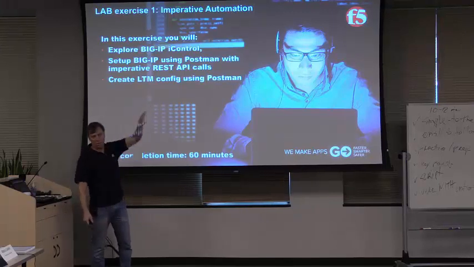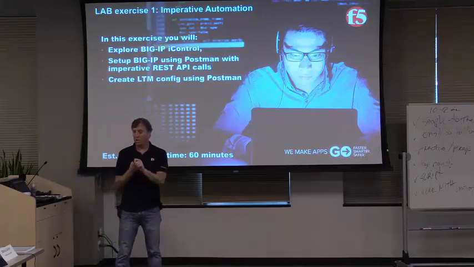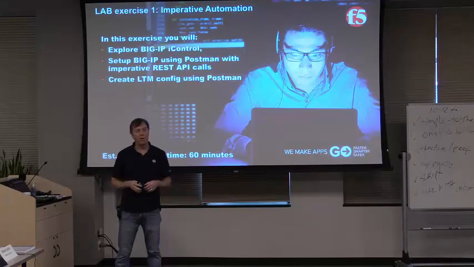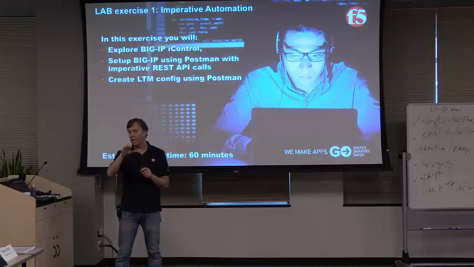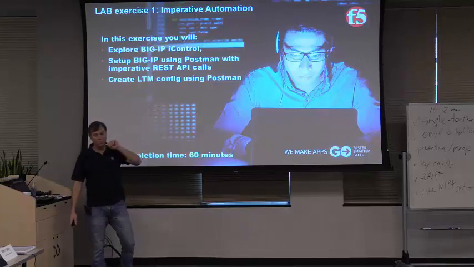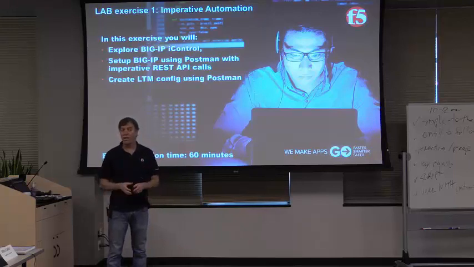Then a bunch of different calls using scripts that are already set up in a Postman tool, and go explore and navigate around using that Postman tool as a way of getting to the big IP and looking at those REST calls from there. At the end, you get a chance to create more parts of an LTM config, virtual pool, profile, all that stuff, and then hopefully that worked.